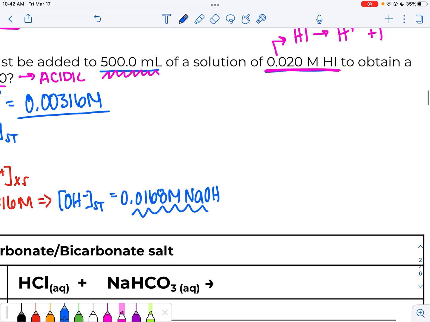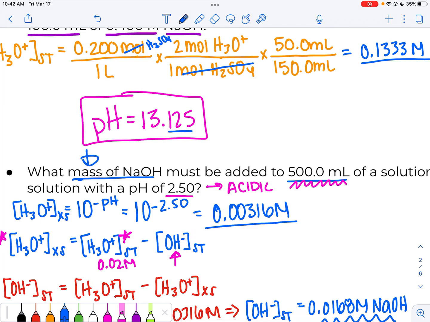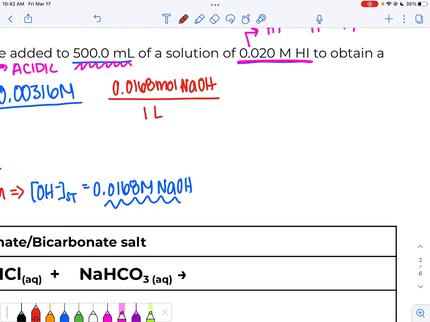Woo, yay, great. All right, but what am I asked to solve for? Mass. All right, no big deal. I can do that. So what I'm going to figure out now is that I have 0.0168 moles of NaOH per liter.